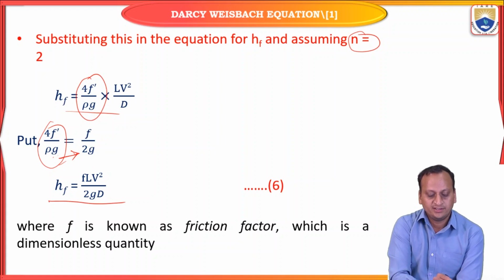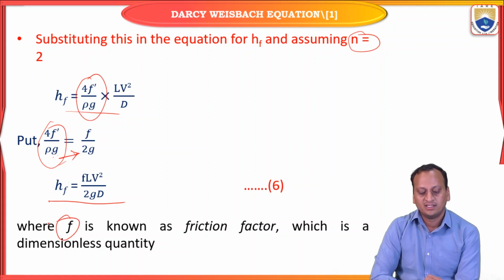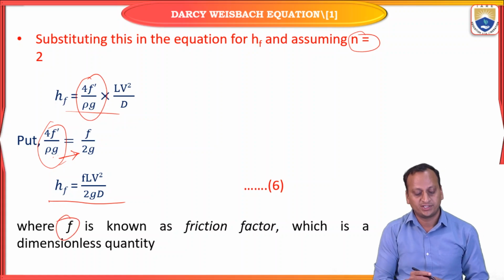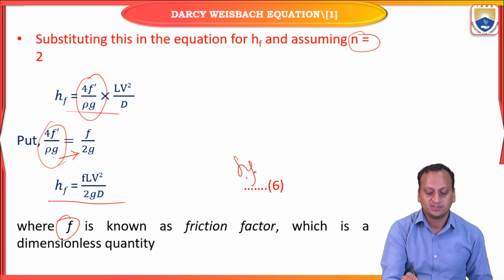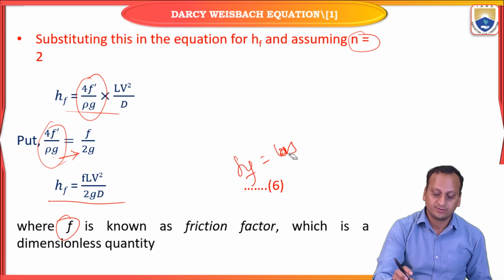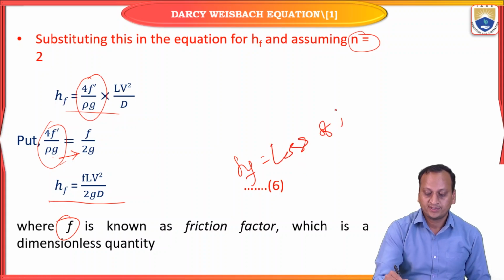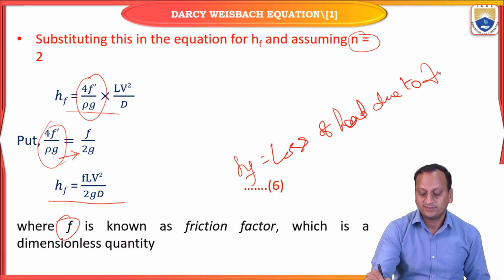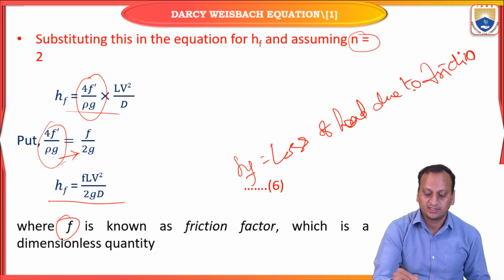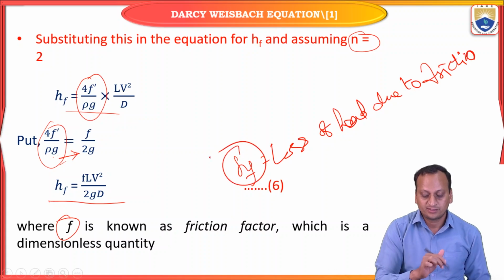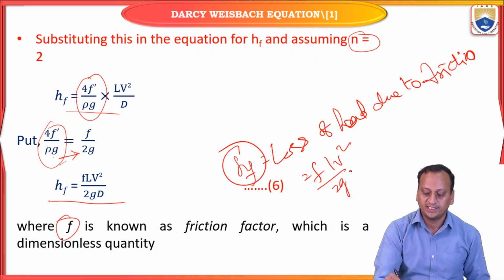So in this equation, F is known as friction factor. Loss of head due to friction is nothing but HF always. So the expression is FLV square by 2GD, where F is known as frictional factor.